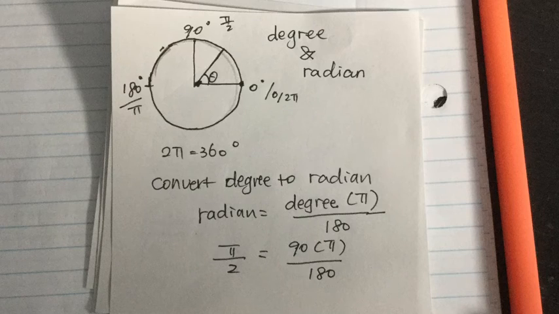To convert degrees to radians, you simply use the formula shown here: radians equals degrees times pi divided by 180. So if you have 90 degrees and you want to convert into radians, you multiply 90 by pi and divide by 180, and you get pi over 2, and that's your radian. Simple and easy.